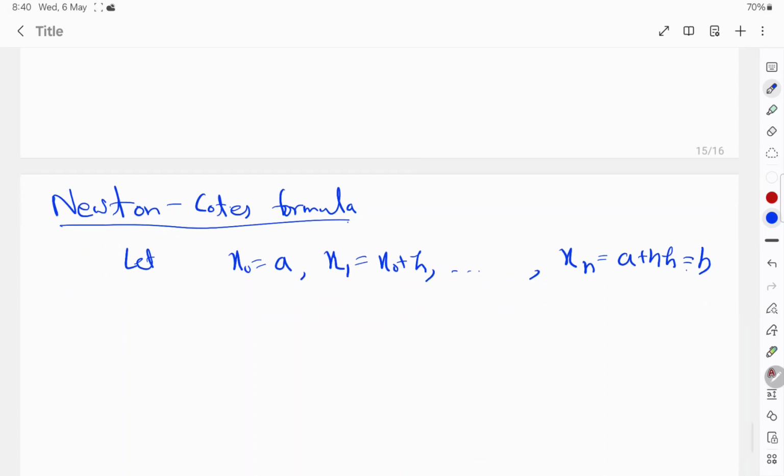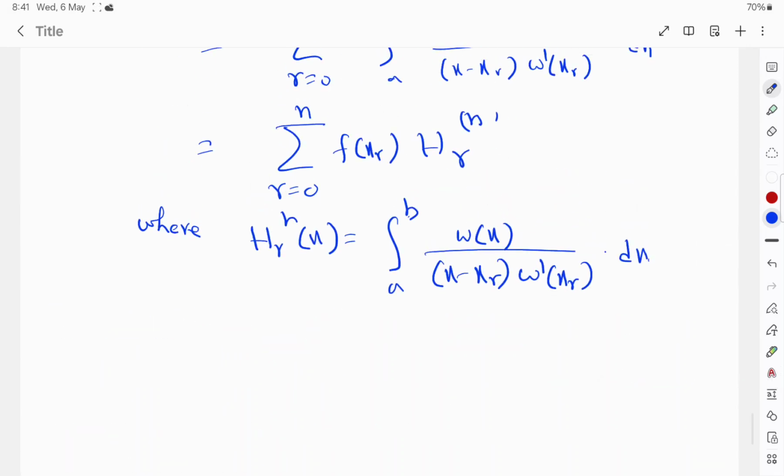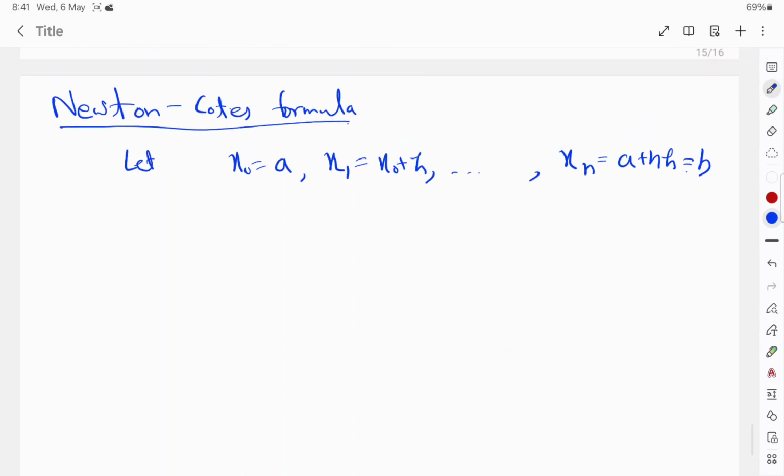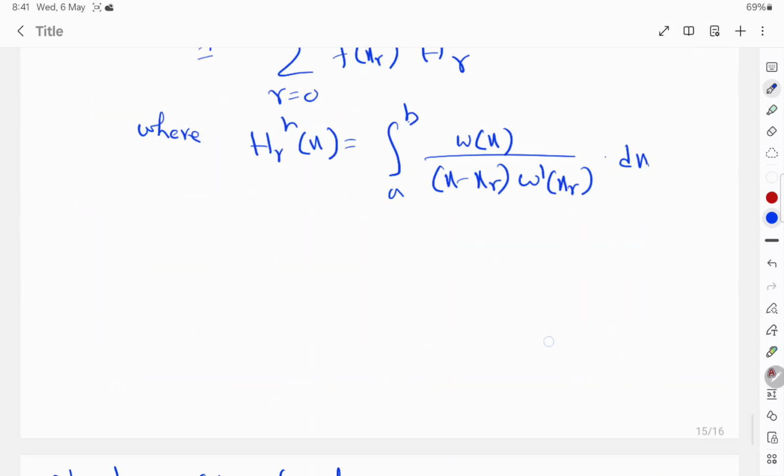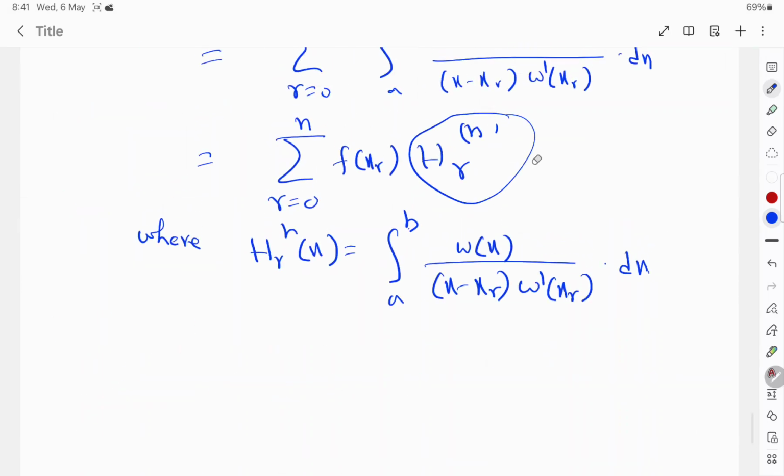Since the nodes are equally spaced, you can use some nice form. Okay, so let's do this. Basically you have to find this hrn in terms of equal spacing, right?